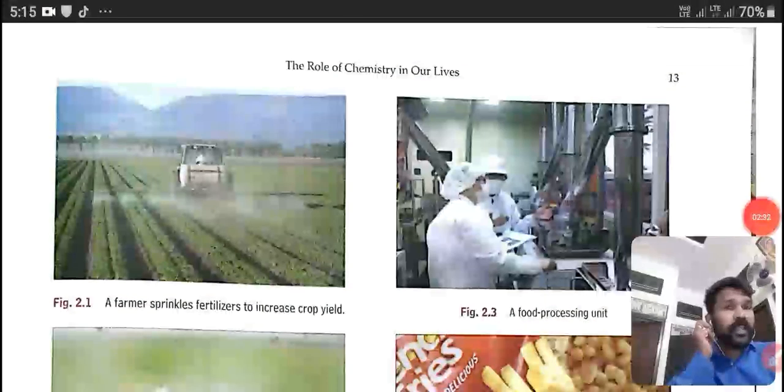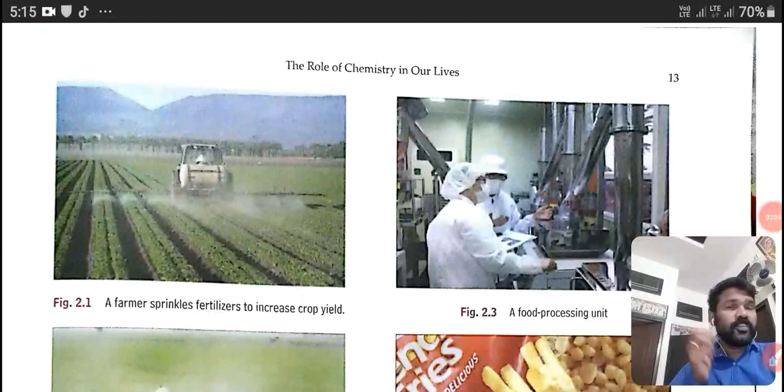Here some diagrams are given which show the role of chemistry in our lives. By observing these diagrams, we can understand how important chemistry is in our life.